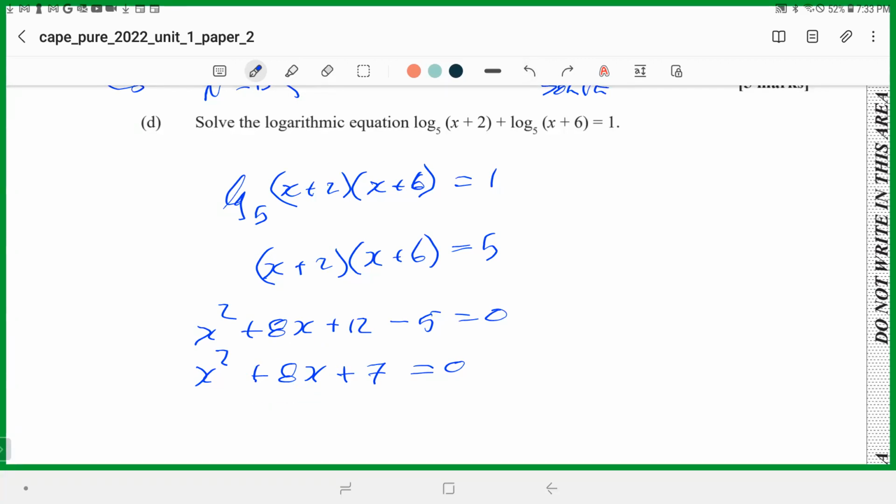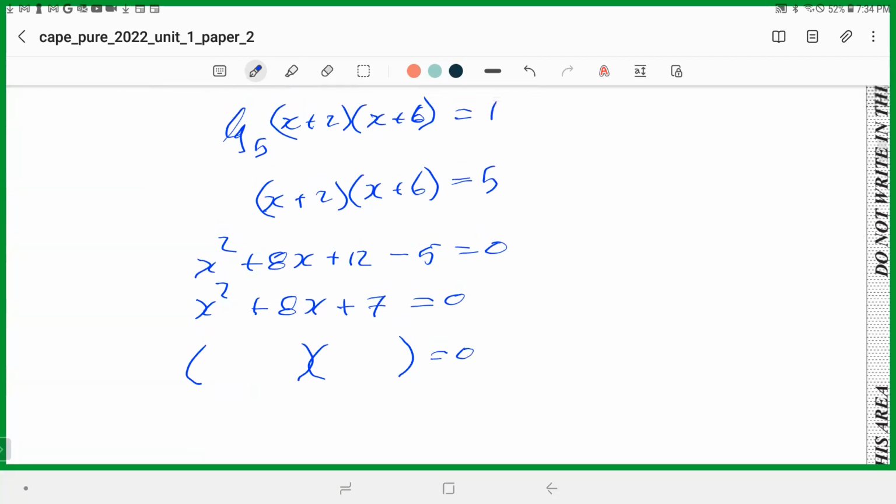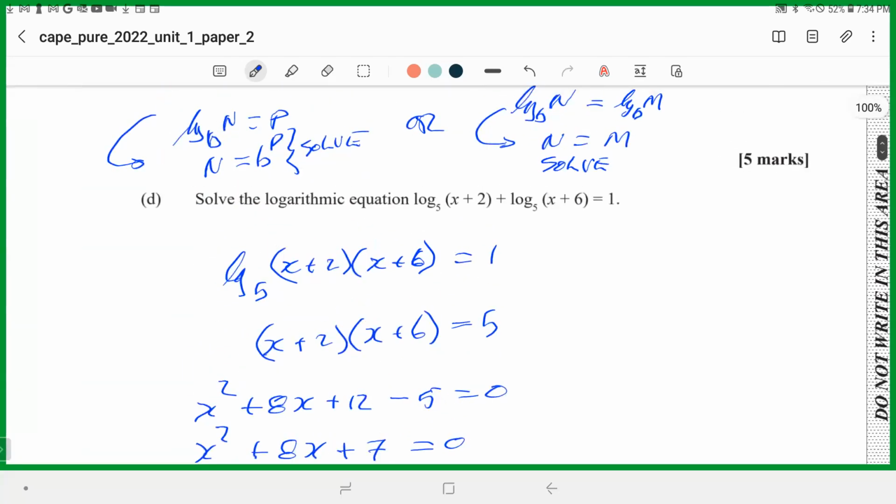See, second-order quadratic, and this one to factorize. I'm telling you, the higher up you go, the easier the mathematics gets. You know why? Because the question is about testing your knowledge that this equals this.